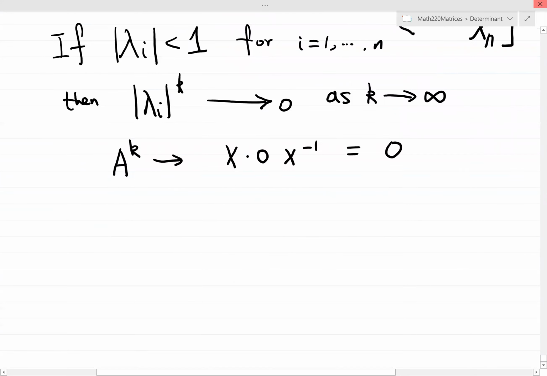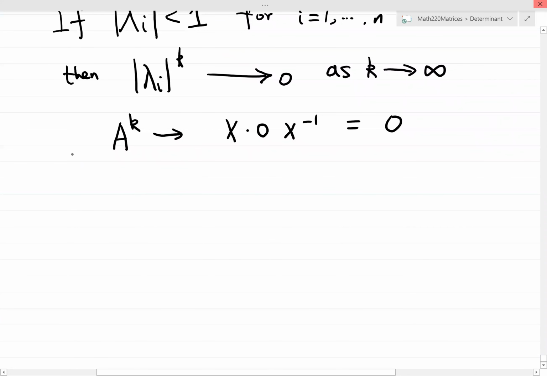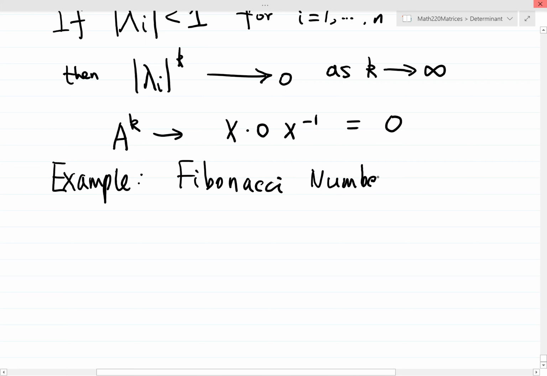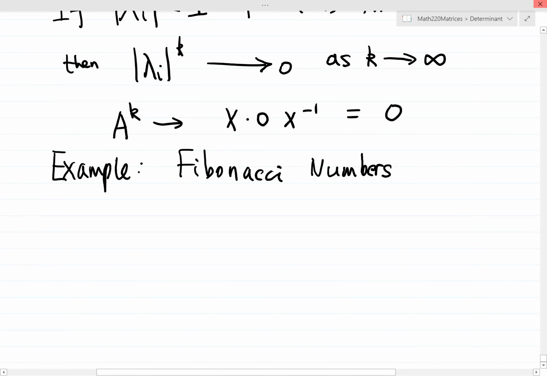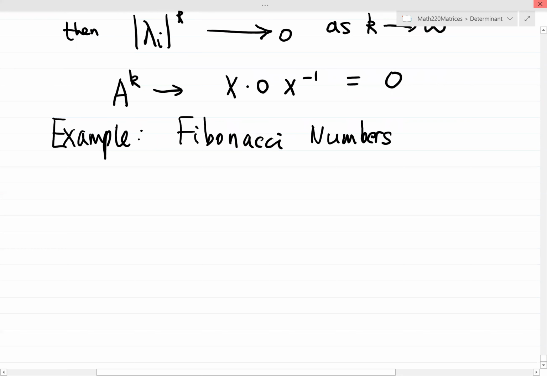Okay, now another famous example, the Fibonacci numbers. The Fibonacci numbers are defined by f1 equals 1, f2 equals 1, and for convenience we define f0 to be 0.